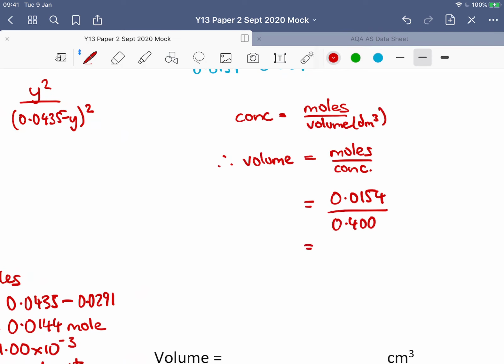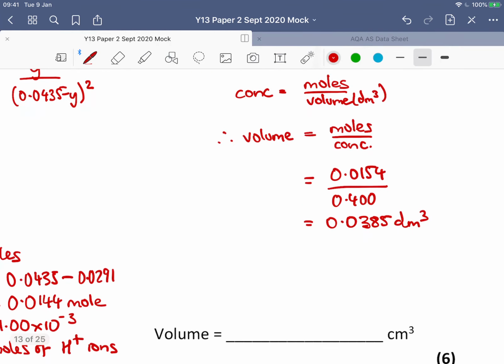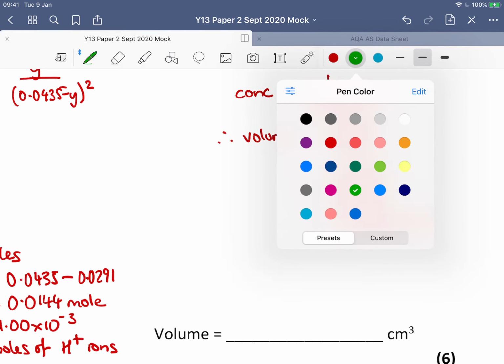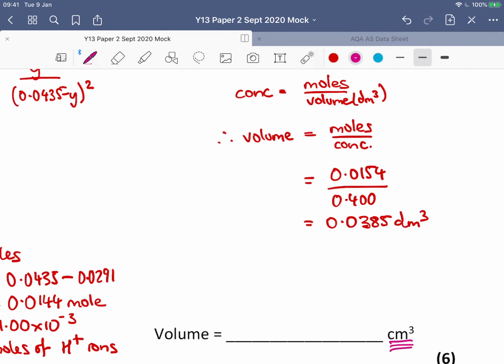So that equals 0.0385 decimeters cubed, but they want the answer in centimeters cubed. So we times it by 1,000. And so there we go.